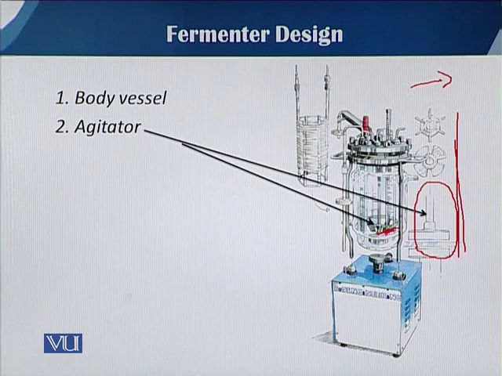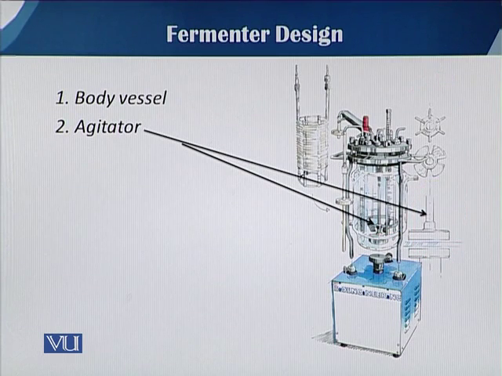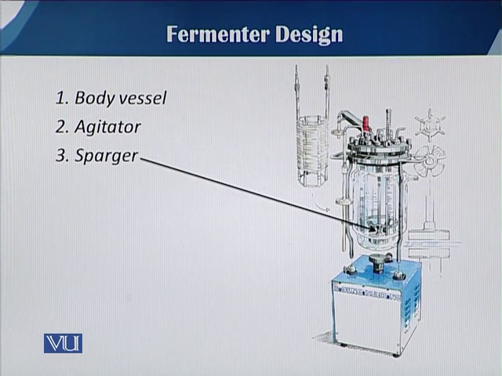Basically the impellers, motors and the shaft are included in the agitator system, and that is known as the agitator. And then there is a sparger. As I have already told you, a sparger is a device that gives uniform supply and distribution of air into the fermentation medium, and gives the proper shape to the air bubbles inside the fermenter. So these 3, body vessel, agitator and sparger, are the 3 basic parts of any stirred fermenter.